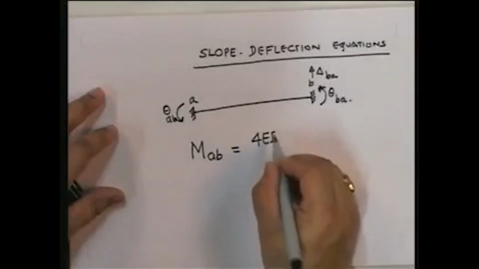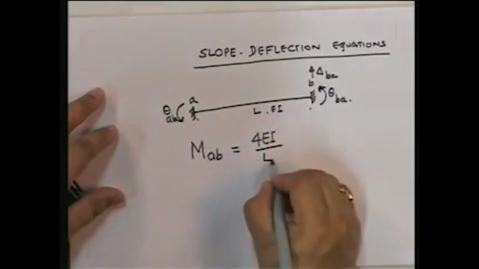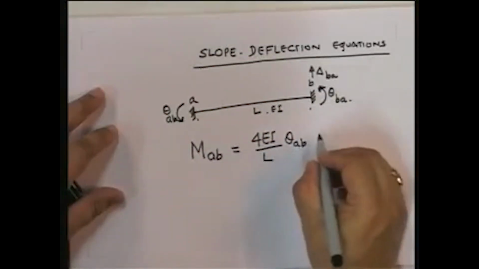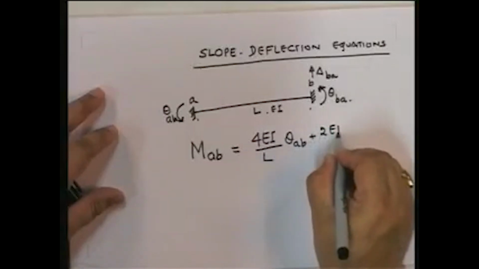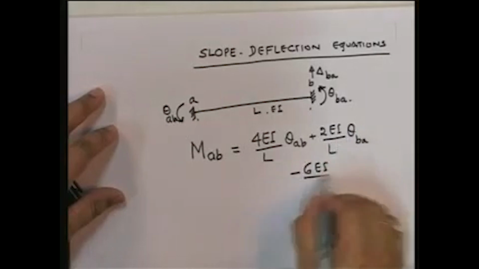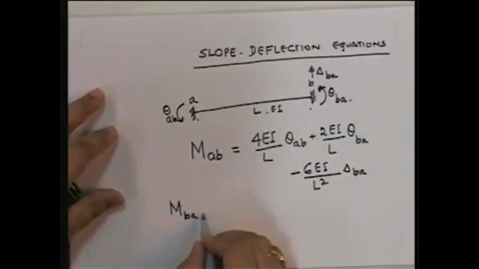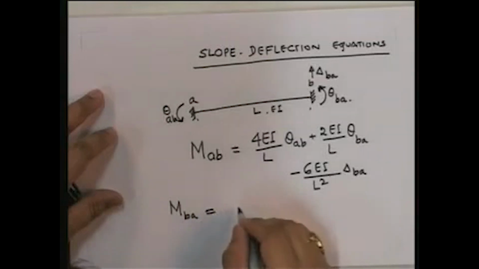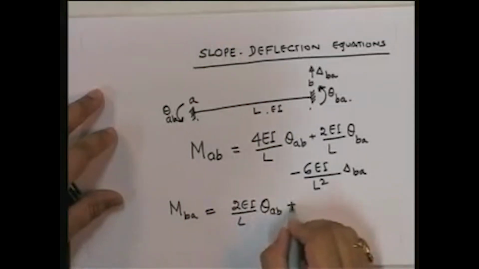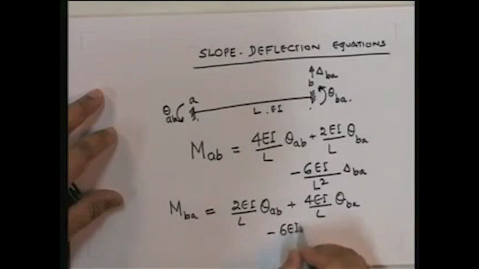If I call this length L, and the flexural rigidity EI, it's given as M_AB equals 4EI by L theta AB plus 2EI by L theta BA minus 6EI upon L squared delta BA, and M_BA is equal to 2EI by L theta AB plus 4EI by L theta BA minus 6EI upon L squared delta BA.